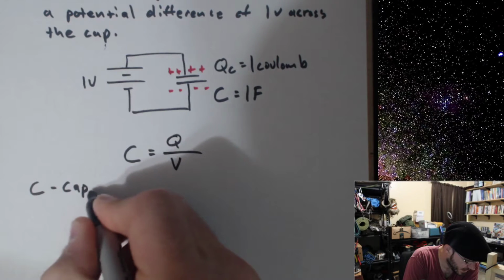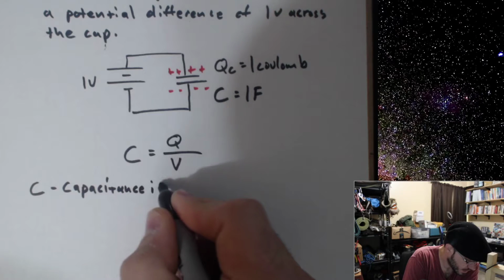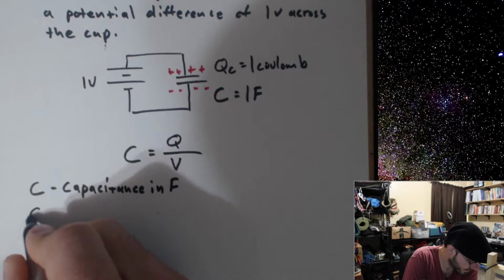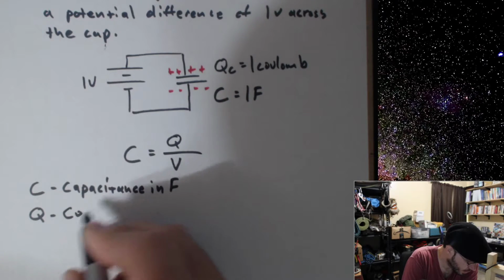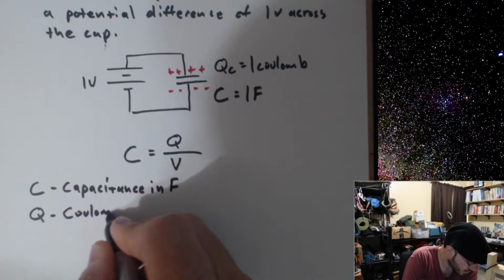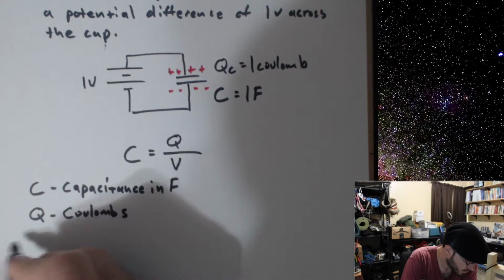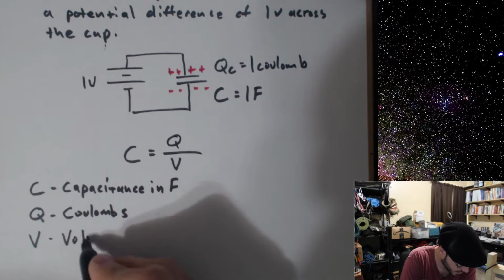C is capacitance in farads. Charge is coulombs. And V, of course, is voltage.